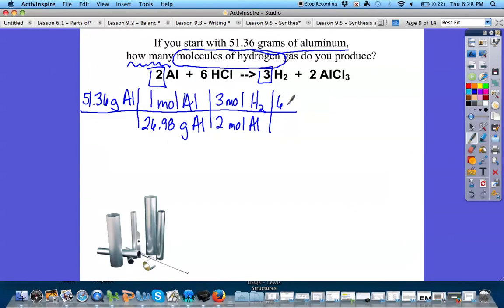So 6.02 times 10 to the 23rd molecules of hydrogen, and that's going to be over 1 mole of hydrogen. If we take a look back here, grams of aluminum cancel, moles of aluminum cancel, moles of hydrogen cancel.